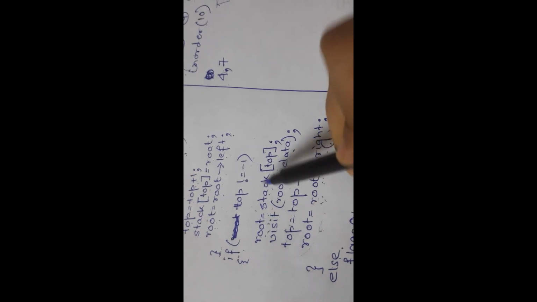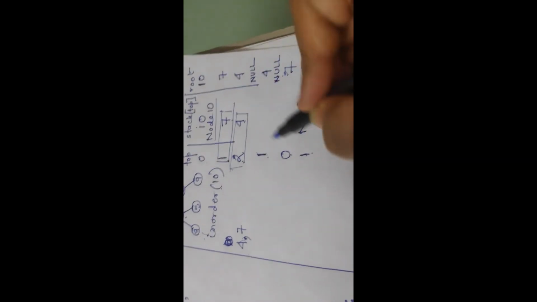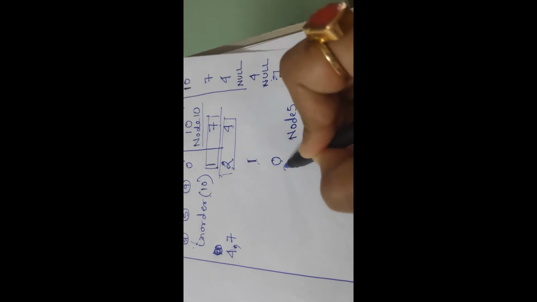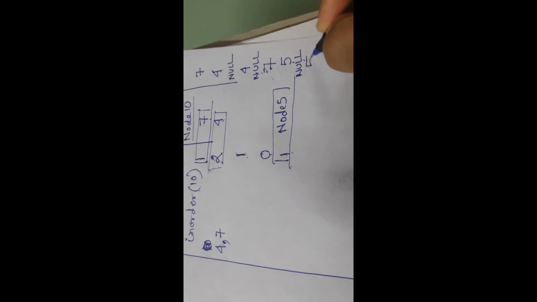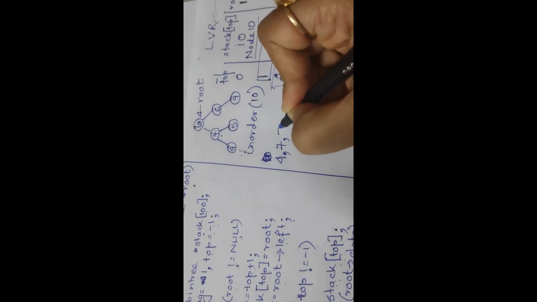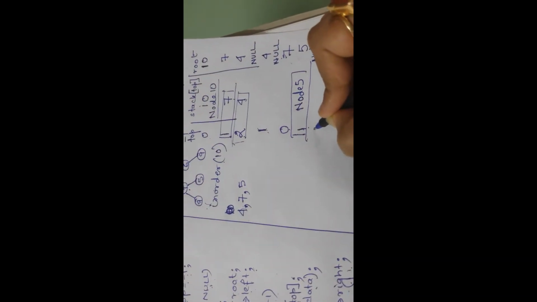Root is equals to stack top. Now what is there at the stack top? At the stack top we have the node 5. So this node 5 again gets reassigned as the value of the root. And we will visit the root data. So 5 is visited. Top is equals to top -1. So top value becomes 0 again.